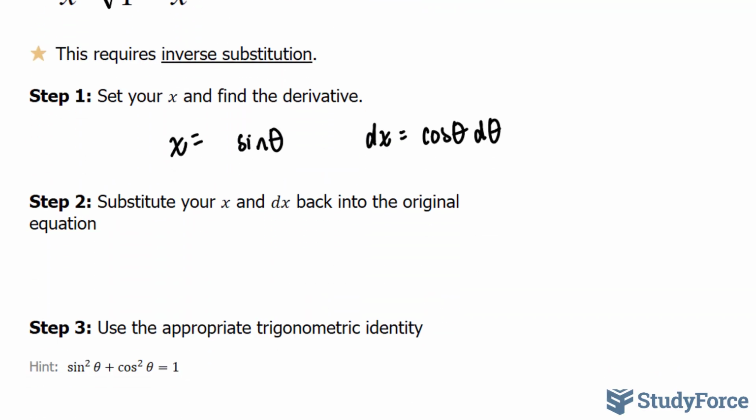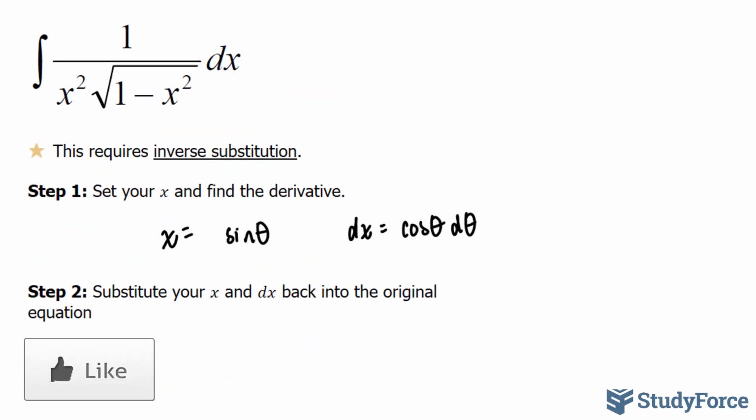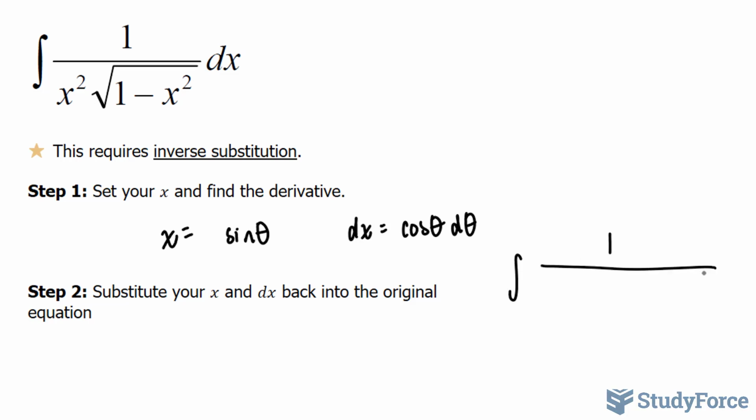Step number 2, we substitute this x and the dx back into the original equation. Remember, the original equation looks like this. So we have the integral of 1 over, and remember we set x to sine theta, so this becomes sine squared theta times the square root of 1 minus, and remember we're applying sine into this x, so we end up with sine squared theta again.